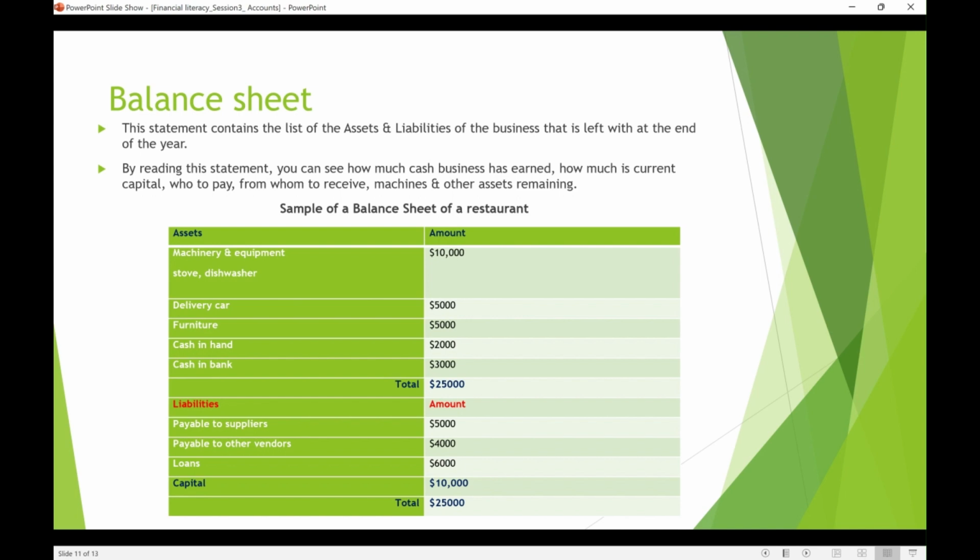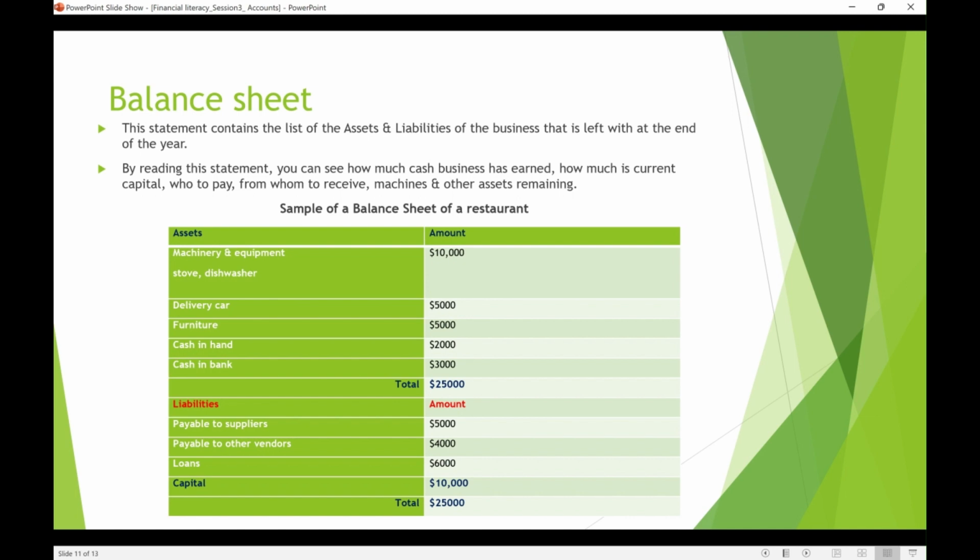These are all assets. For instance, say the assets are $25,000, and then they have liabilities: they have to pay suppliers, they have to pay creditors, and they have to pay some loans, altogether, for instance, $15,000. Now the assets are $25,000 and the liabilities are only $15,000.